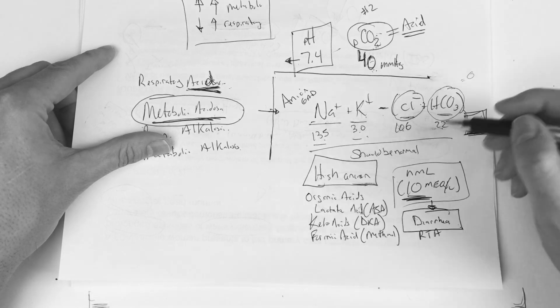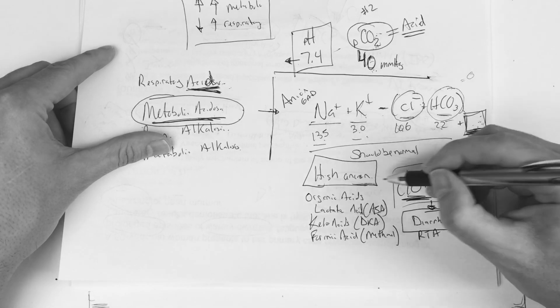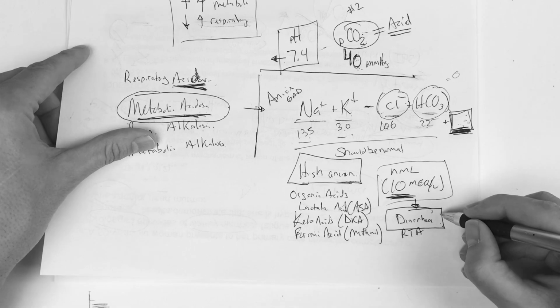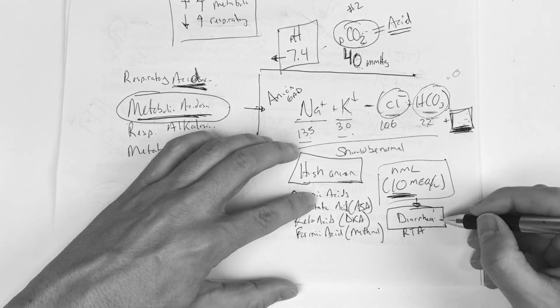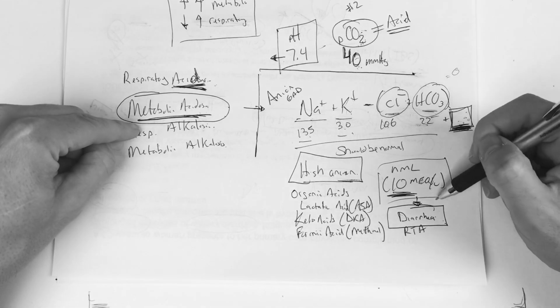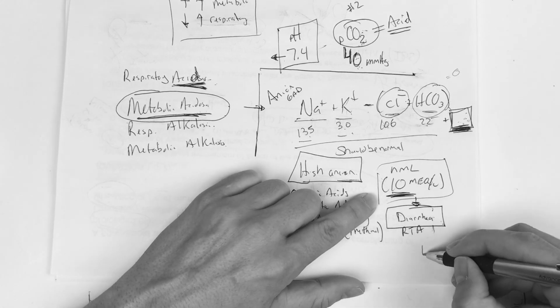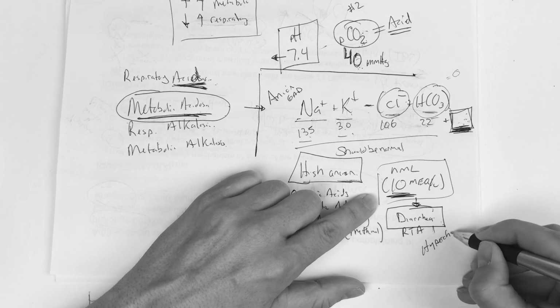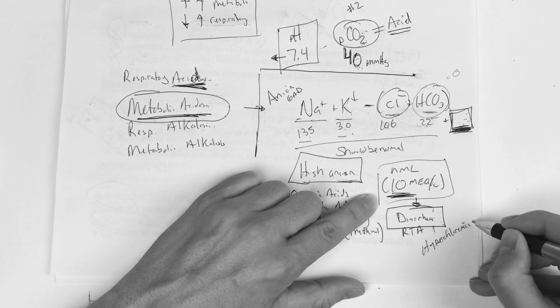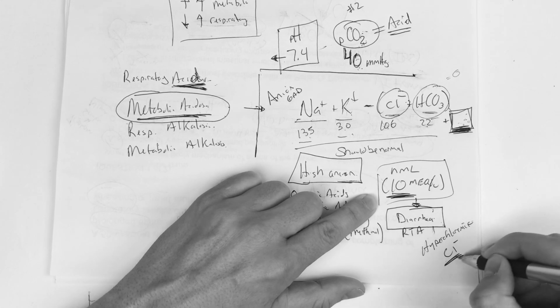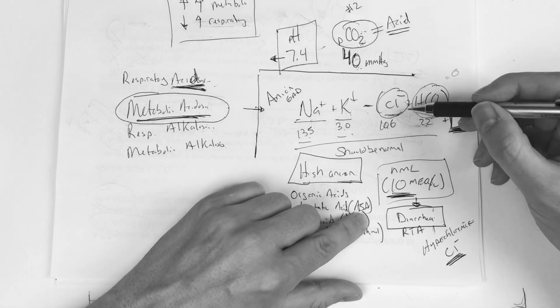If it was something else causing it, this box would be much, much bigger and it would be a high anion gap. So again, when you get diarrhea, think metabolic acidosis with a normal anion gap. Sometimes they call that hyperchloremic. And why is that? Just like we said, because there's a ton of chloride. There's more than there usually is.